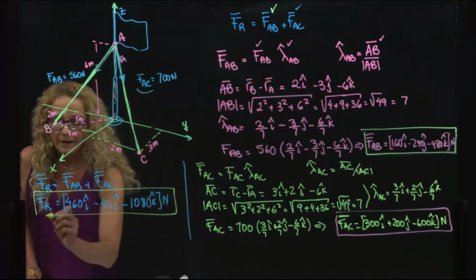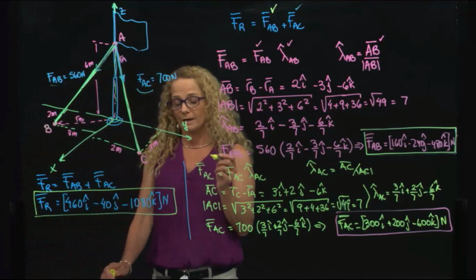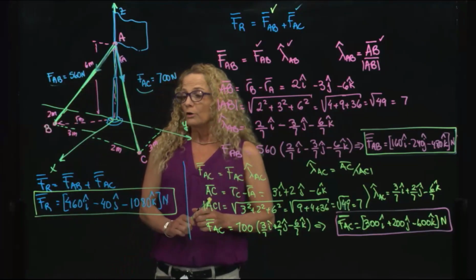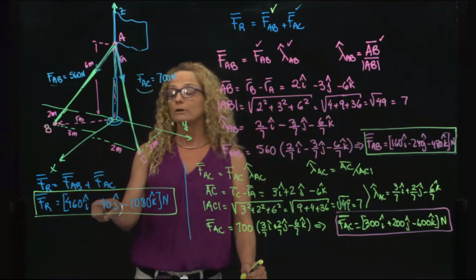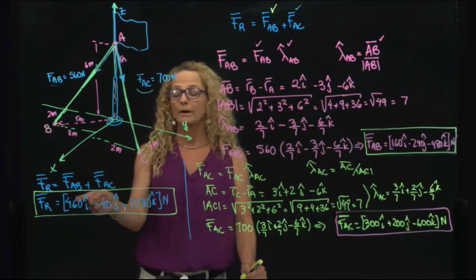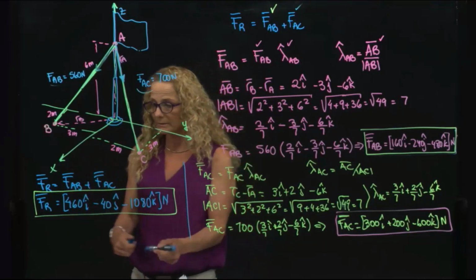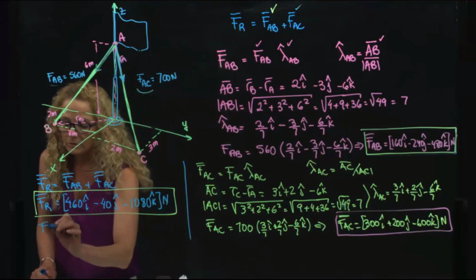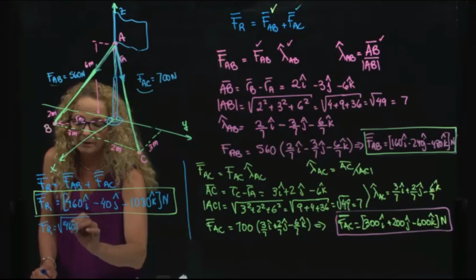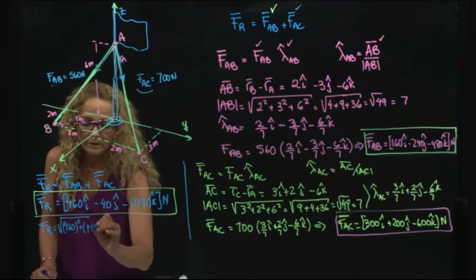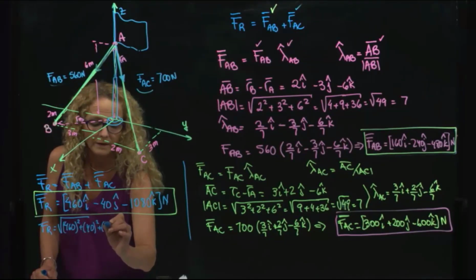This is a vector quantity. They want us to find the magnitude and the direction as well. So what do we do to find the magnitude? You recall that the magnitude of a vector is the square root of the sum of each component squared. Let's do that. So the magnitude will be the square root of 460 squared plus 40 squared. I don't have to include the signs because I am squaring anyway.